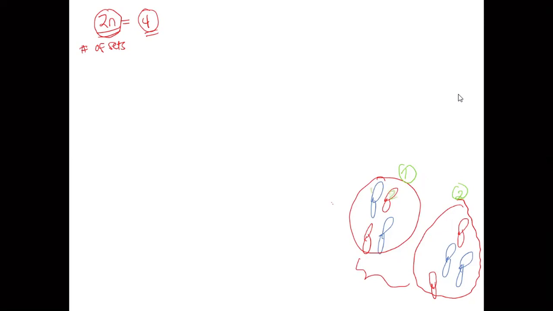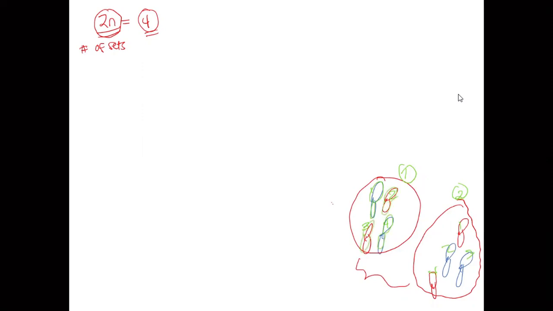1, 2, 3, 4. 1, 2, 3, 4. Yes. Next, how about the number of sets? Is it still composed of 2 sets, one maternal and one paternal? Yes. You have paternal set 1, maternal set, the red 2.